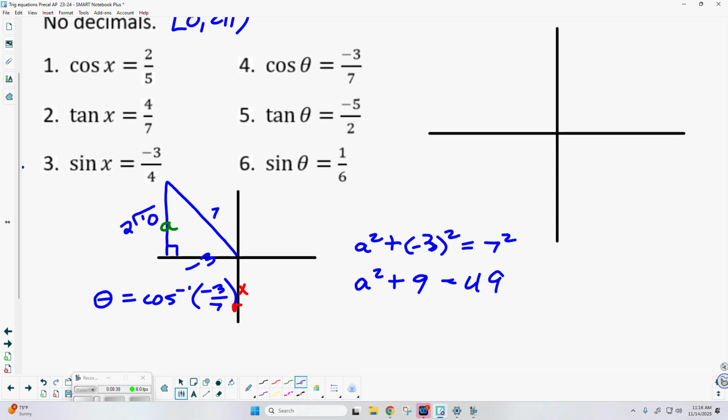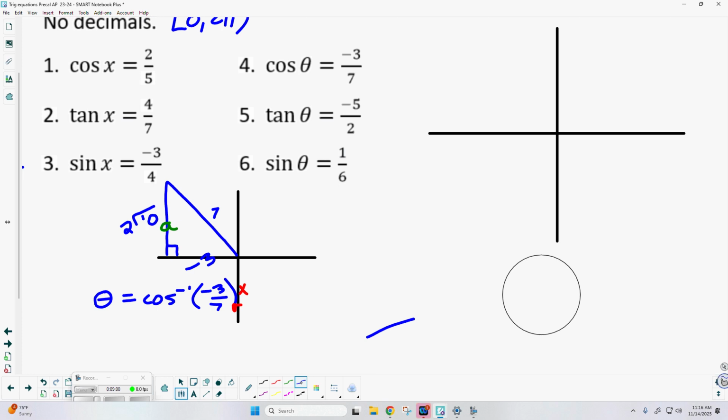When I subtract it, a squared is going to equal 40. And this is a radical that can be simplified. So the largest perfect square that evenly divides it is going to be 4. So the square root of 4 is 2 times the square root of 10. Okay. So good.